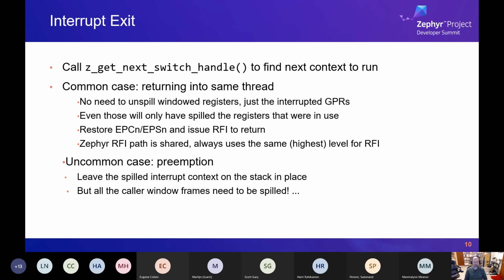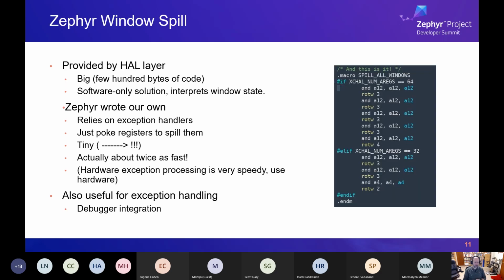Well, okay, now we're in a situation where we've got upthread caller stuff that belongs to the interrupted thread, to the old thread. It may still be in GPRs. It may never have been saved to the stack. Now we actually do need to spill all the frames. There's no real option here.